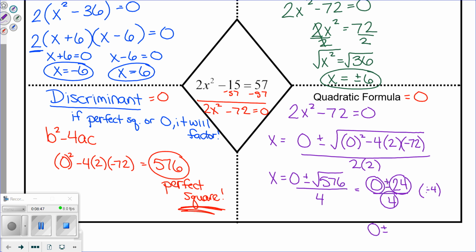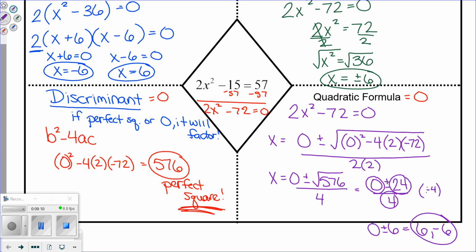Plus or minus 24 divided by 4 is 6. 4 divided by 4 is 1. Do I need to divide by 1? No. All right, what's 0 plus 6? 6. What's 0 minus 6? -6. Whew, I got the same answer.